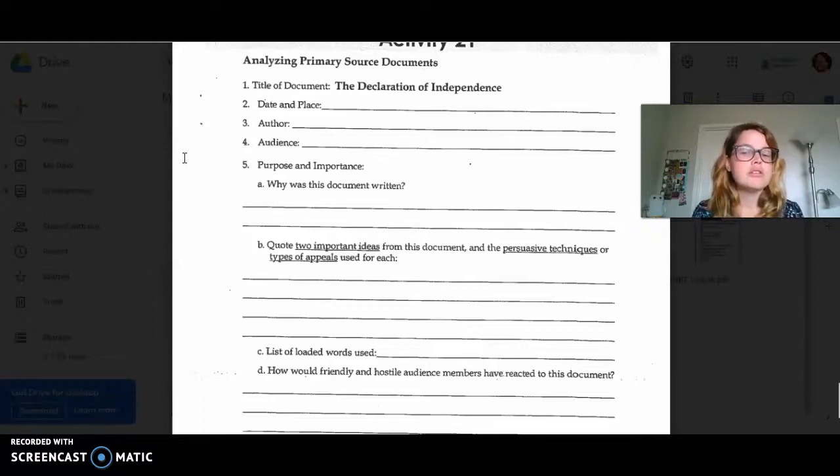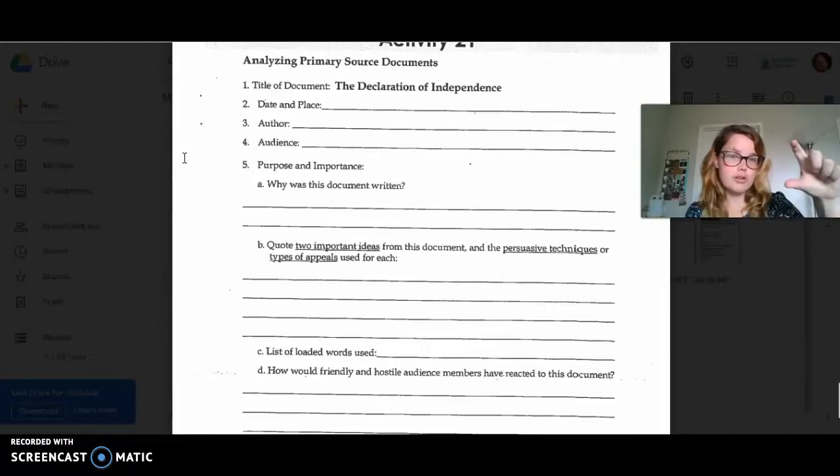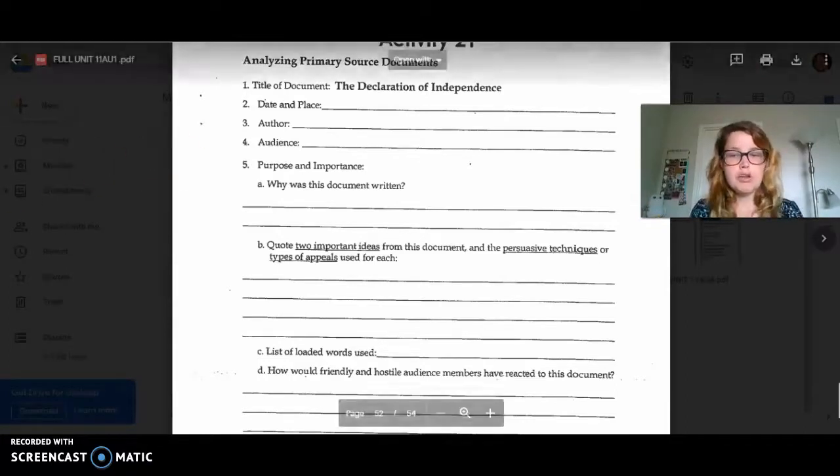Or types of appeals, so ethos, logos, pathos, used for each. So if I say that this quote is an important idea because it pulls on my heartstrings, I would put emotions, or pathos, right?